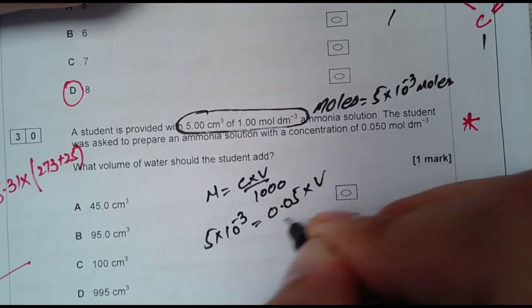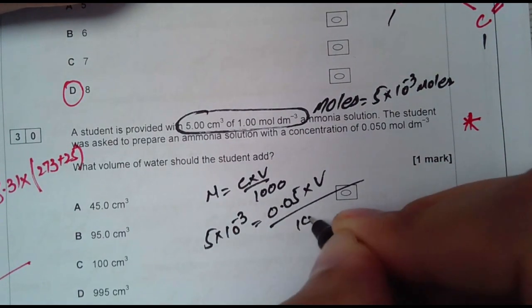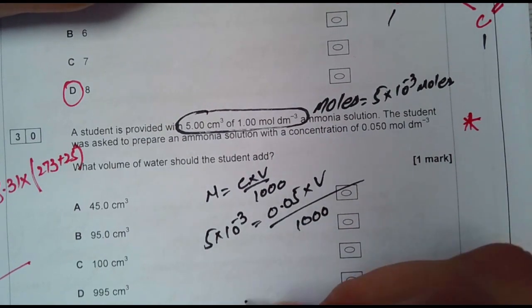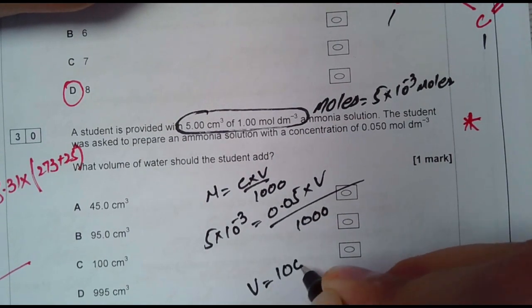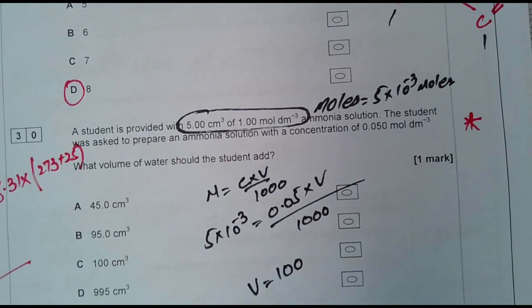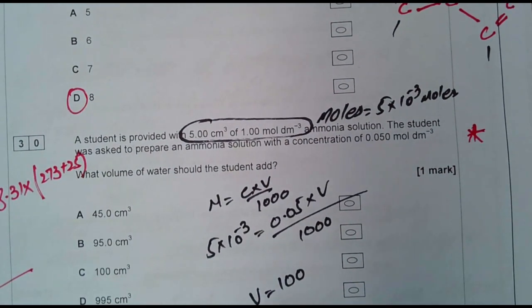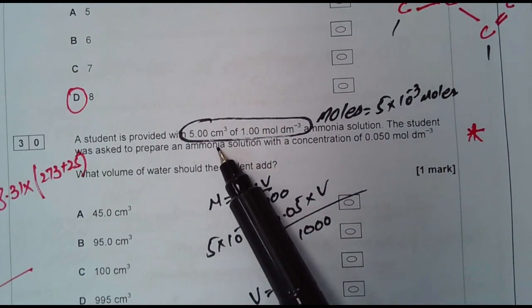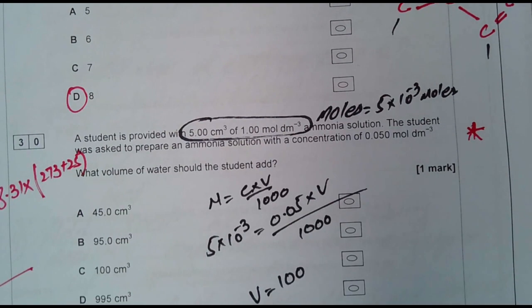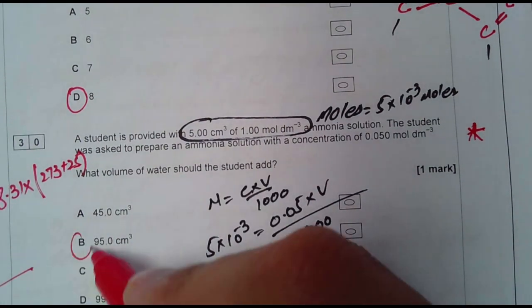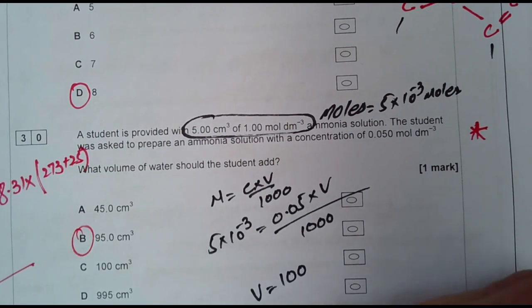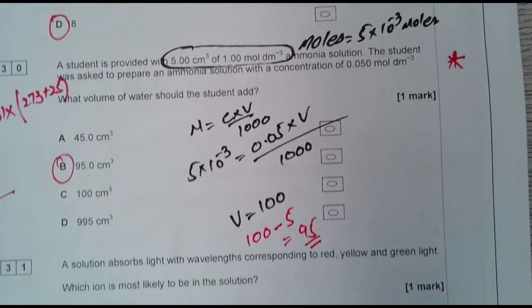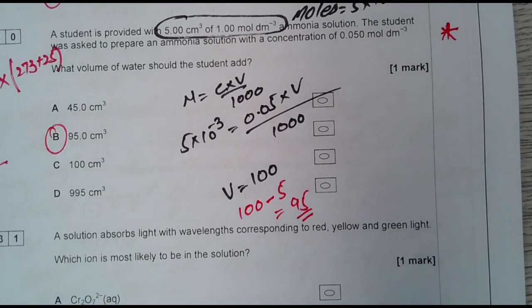We don't know the volume, over 1,000. So if you solve it, you'll end up with V being equal to 100. Now you can't say it will be 100, because out of this 100, 5 centimeter cube is already there. So the answer will now be B. I'll do 100, take away 5, which leaves me with 95. So I'll take 5 centimeter cube and I'll add 95 centimeter cube of deionized water to make my solution.